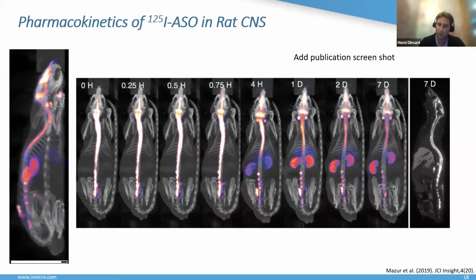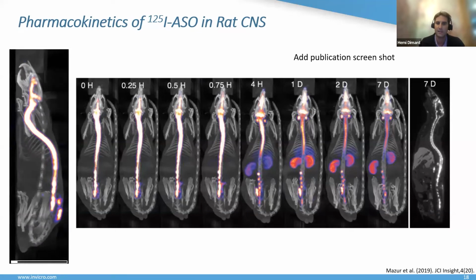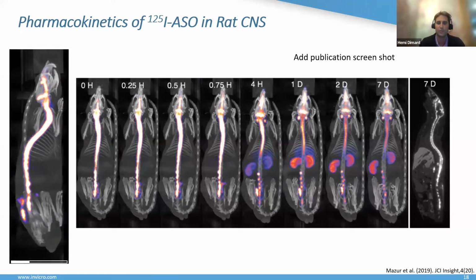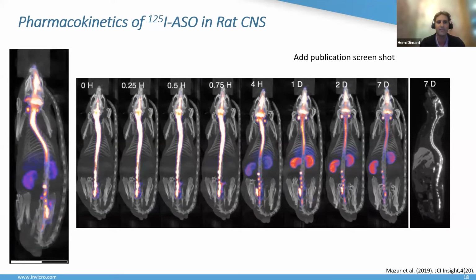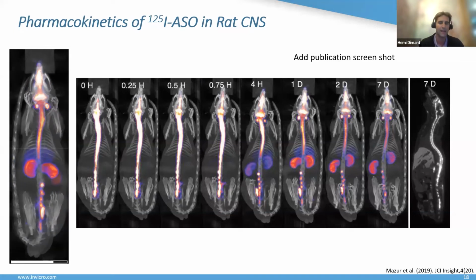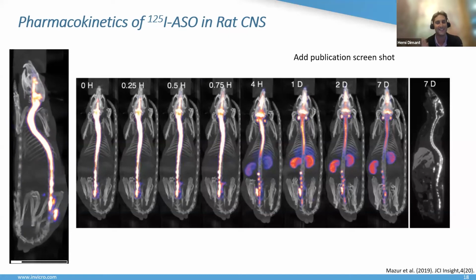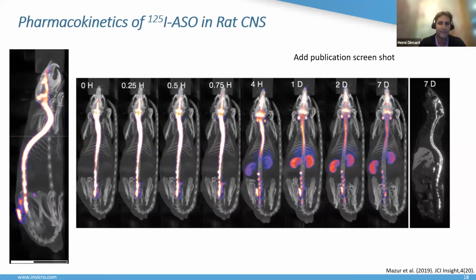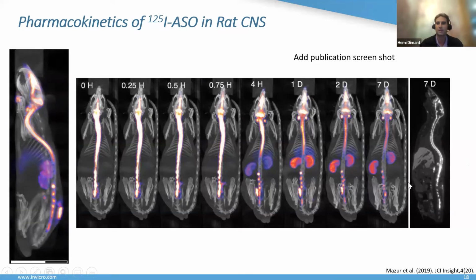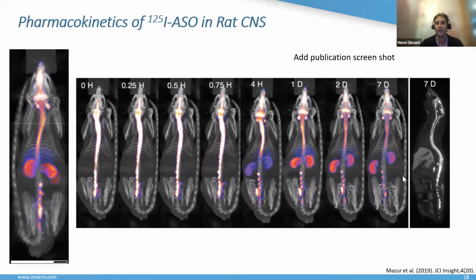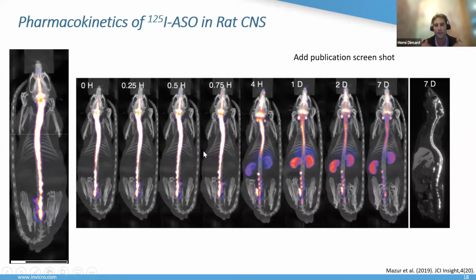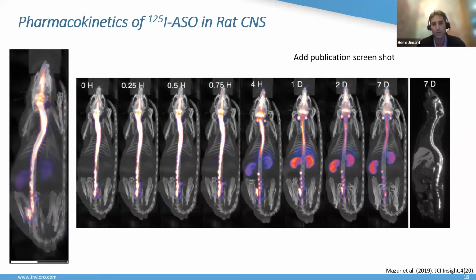In this case, also utilizing SPECT-CT and iodine-125, ASOs were radiolabeled with iodine-125 and administered intrathecally into rats. Again, supporting the data we've seen with the AVs, there is very fast rostral distribution over a short period of time, and by about 4 hours, you're seeing rostral distribution all the way to the head.